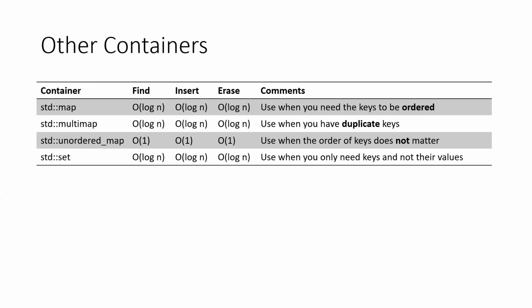For the map, use it when you need the keys to be ordered and you're searching for something binary. Multimap, use it when you need the map but you need duplicate keys. Unordered map, use it when the order doesn't matter. Because it is not ordered, you cannot order it in any way, so if the order doesn't matter, unordered map is the fastest. And the set is just a binary tree without values, which is very inefficient.